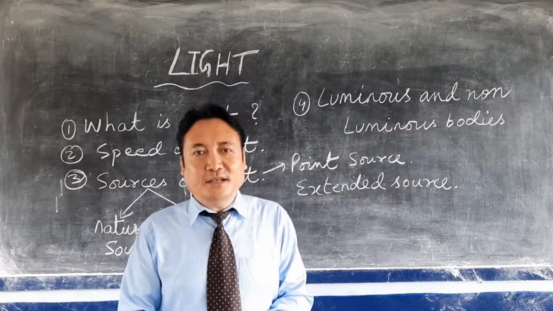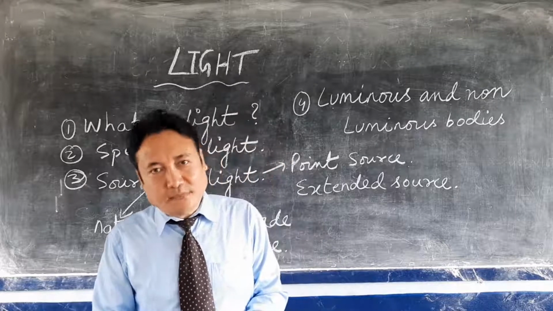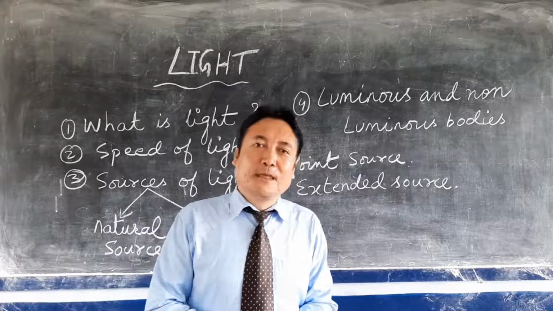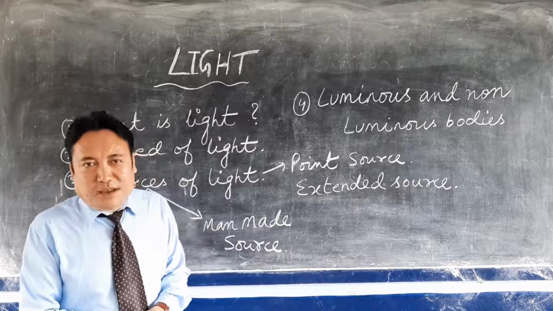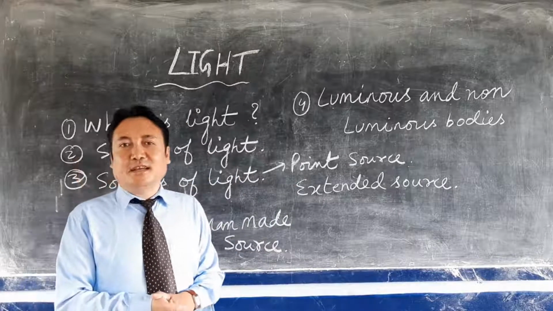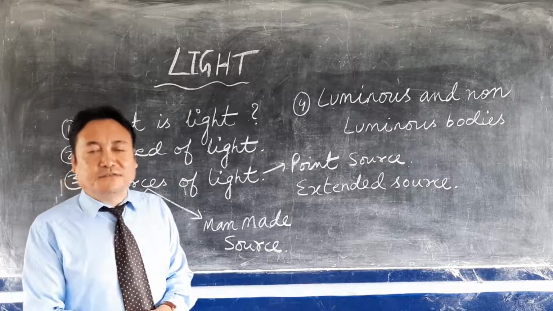Therefore, light is doing work, and we say that light is a form of energy. So this is the definition of light: a form of energy which produces the sensation of vision.